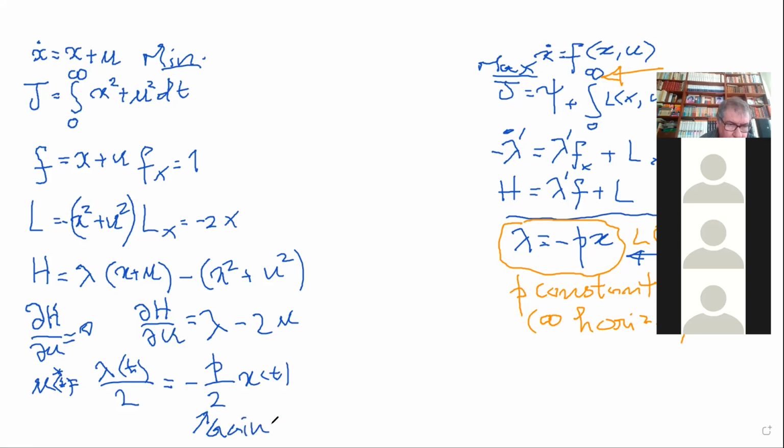Now, the problem is that you don't know p. But if you knew p, at this moment you know that it is a feedback from the state. Questions? Okay, so let's try to find p.